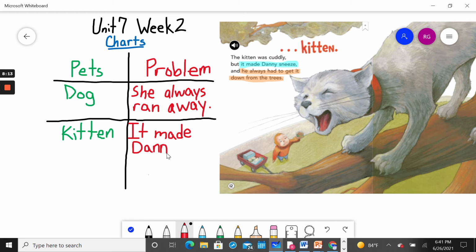And then I'm going to put a line under it so that I know that I'm not talking about the kitten in this chart anymore.